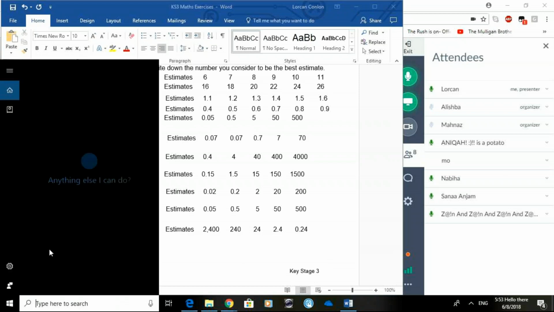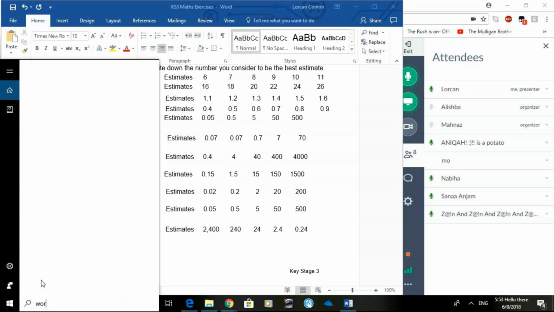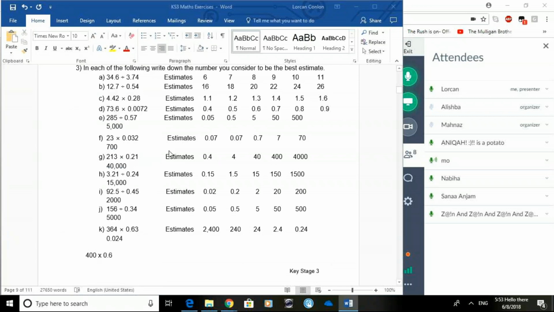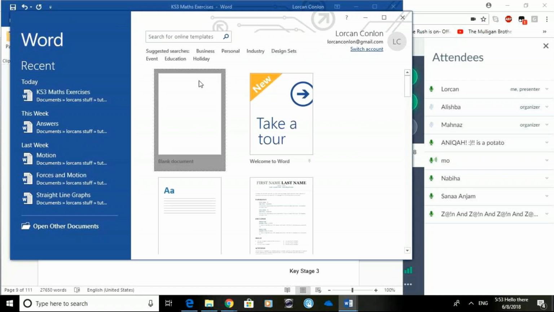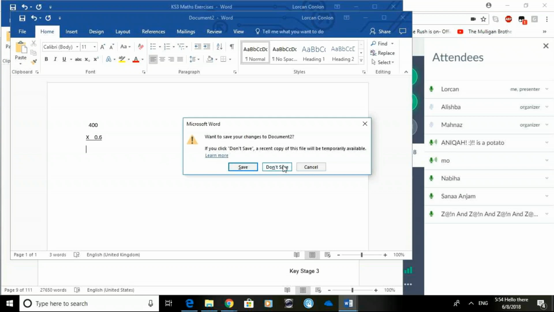Do this one out again, guys. Okay, so we've got 400 times, I'm just gonna line the decimal places up here, 0.6. So, how do you go about doing a question like that, Mo? Do you have a method for it? Yeah, it's 240 exactly. Good. Everybody else get 240? Yeah. Good stuff.